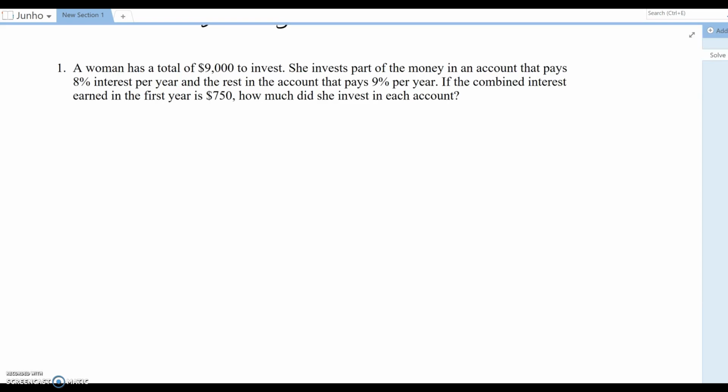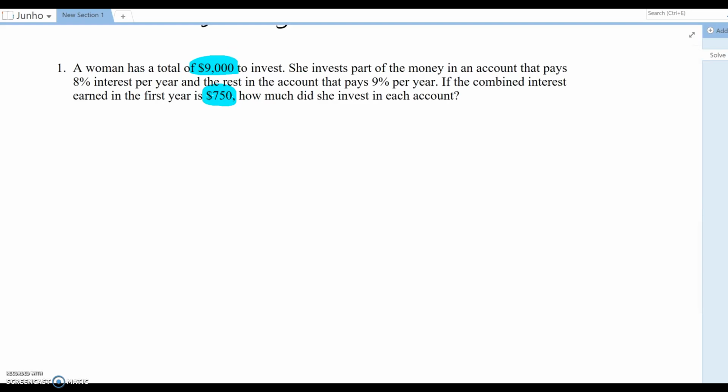This is the total investing amount. This is the total earned interest amount. This will be part of the interest rate. This will be how much she put into each account, right?